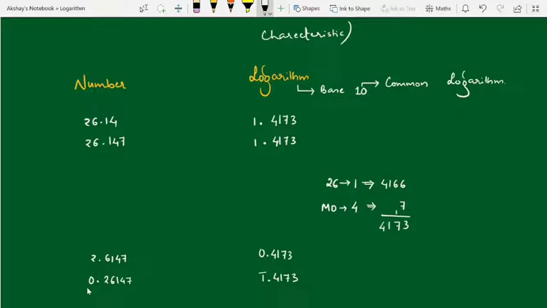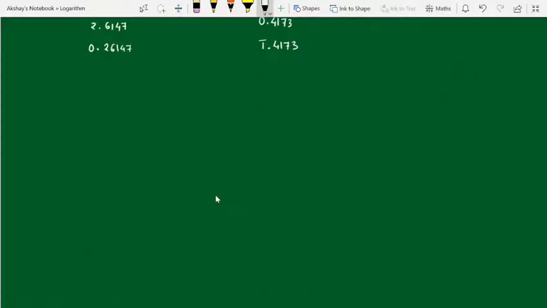So I'll just shift over here, to the next part of the page. Okay. So let me take the heading. The heading stands as anti-logarithms. Okay.